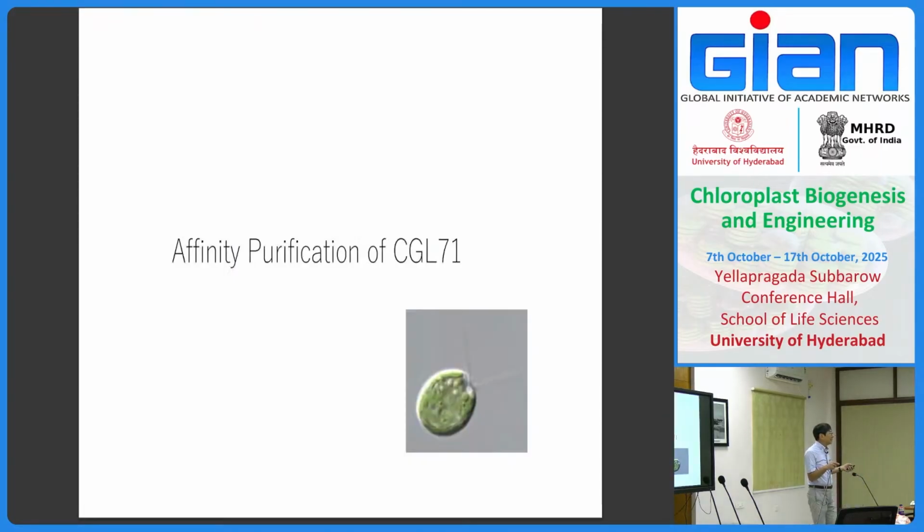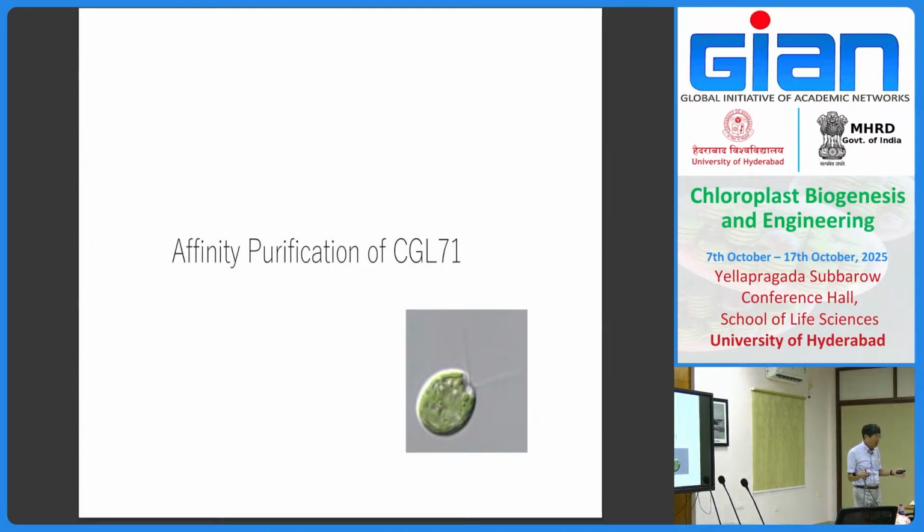And another interesting factor was CGL71. This is Chloroplast Green Lineage 71. This was also a nuclear-encoded factor, also PGY, pale yellow green mutant in the vascular plant Arabidopsis. This gene is also present in cyanobacteria.